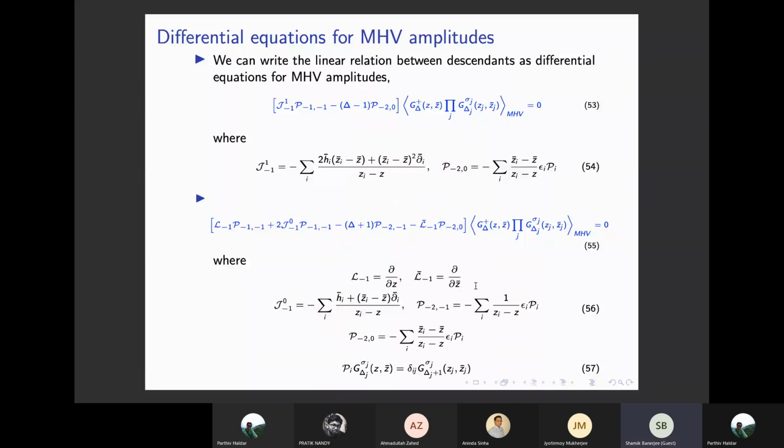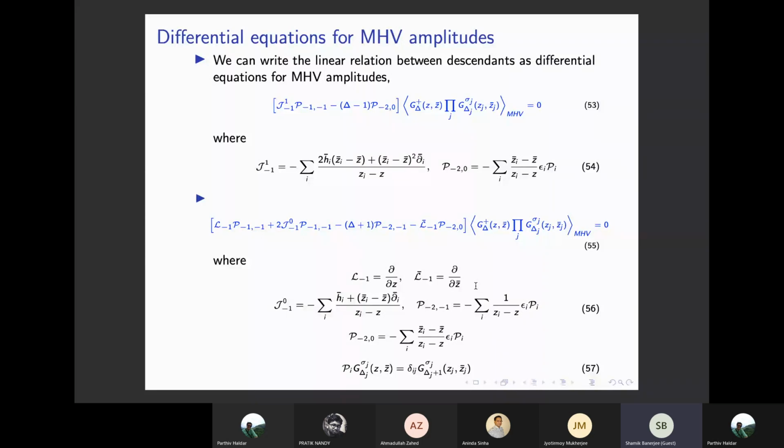Suppose I have a 4-point function, then I get two such equations, and in the 4-point case, since you can write everything in terms of just two cross ratios, you basically need only one equation to solve for the 4-point function.